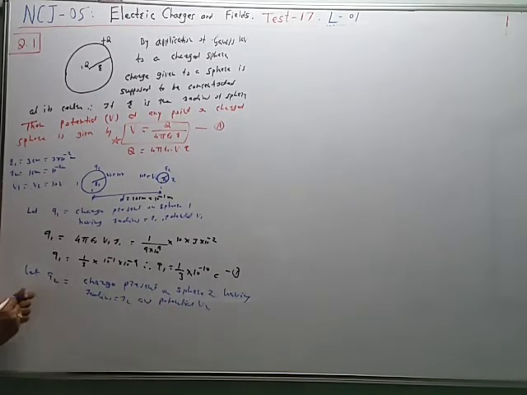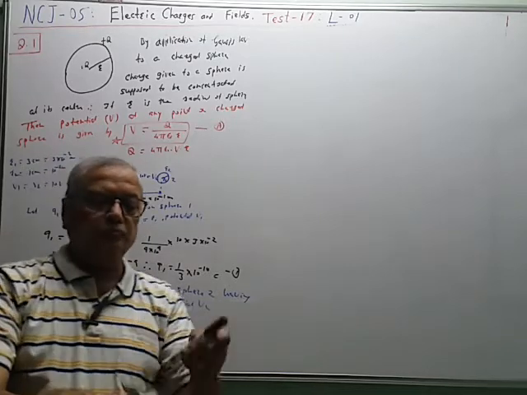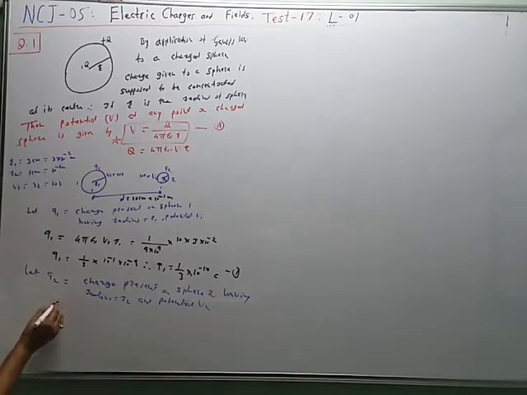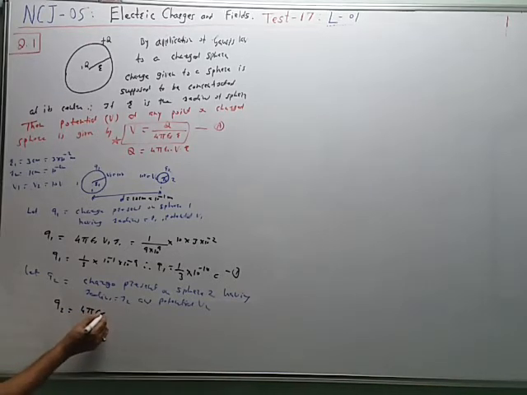Therefore, Q2 is equal to same formula, 4 pi epsilon naught V2 R2.